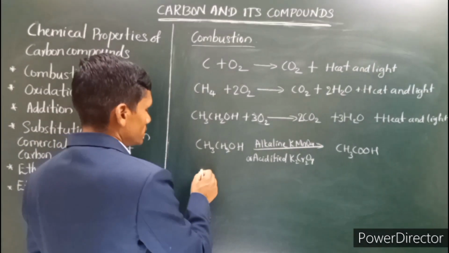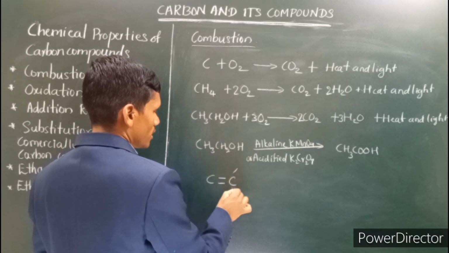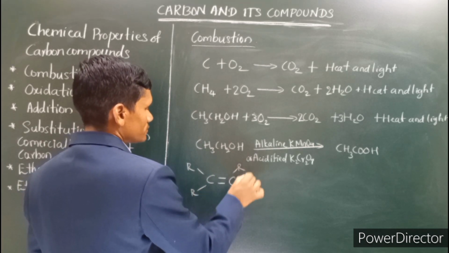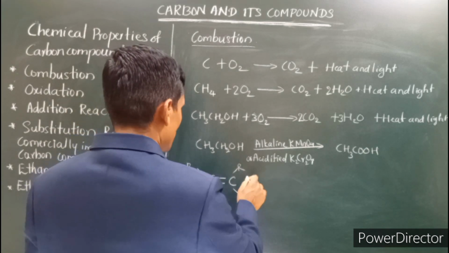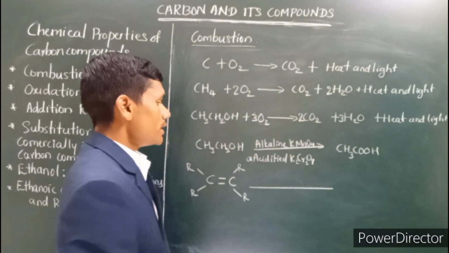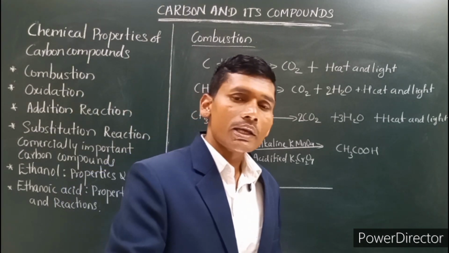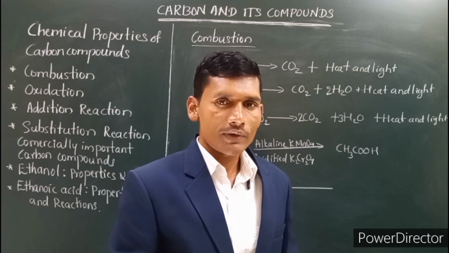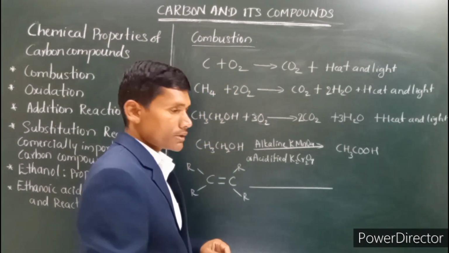For example, here this is an unsaturated hydrocarbon, and this is any functional group. Now when this undergoes an addition reaction, there must be one agent again. What is that agent? Either nickel or palladium catalyst. If any one of these catalysts is present, it adds hydrogen to these unsaturated hydrocarbons.